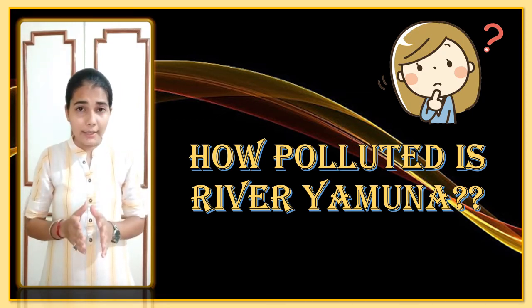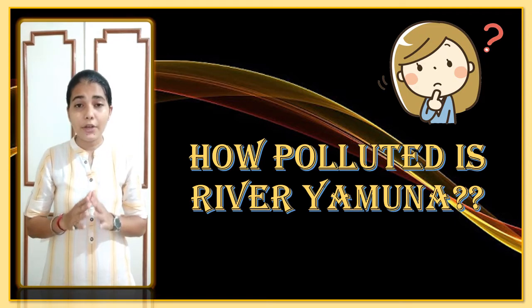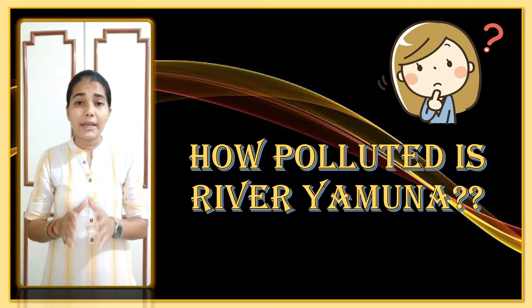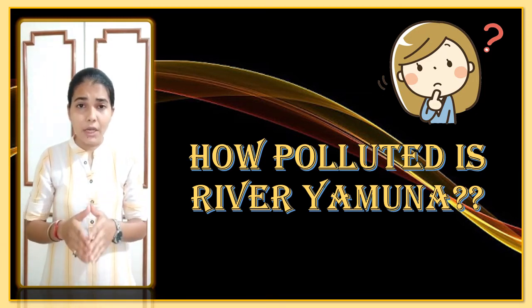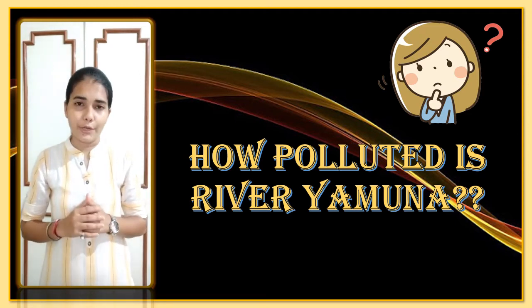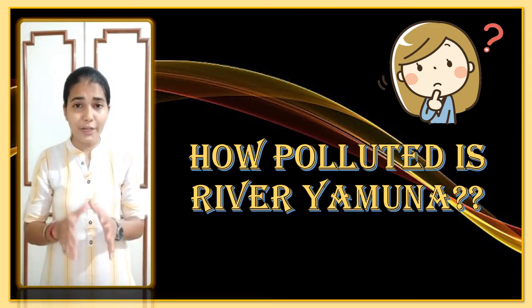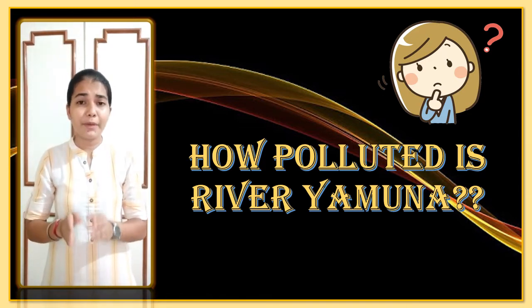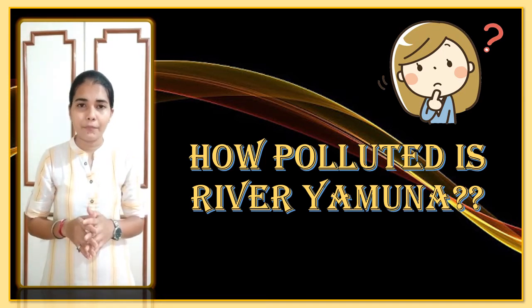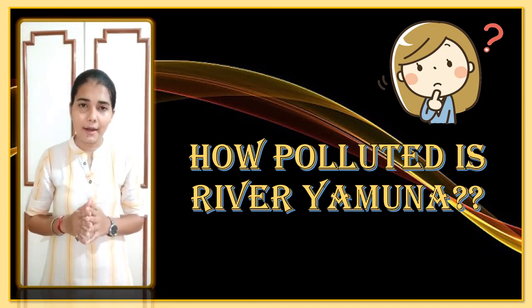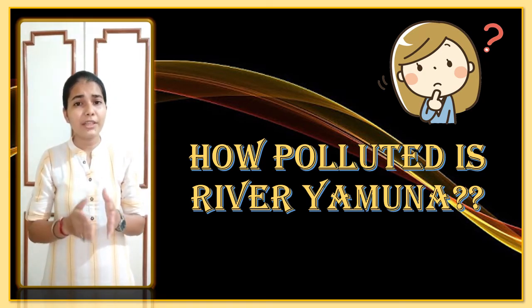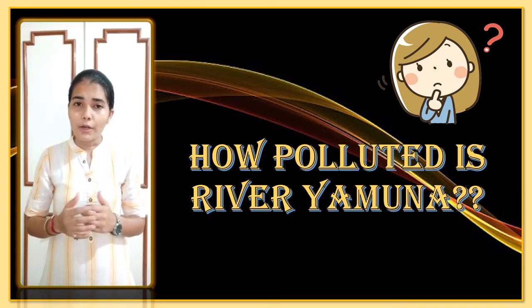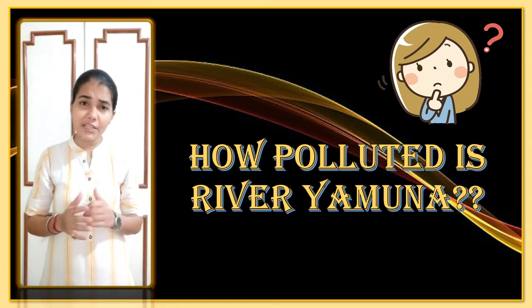It is shocking that it is the most polluted river in our country. 19 drains in the capital flow into the river, contributing 96% of total pollutants. And this polluted water is not treated at all. Just 5% of the sewage being dumped into the river is treated, and it is creating a health hazard. The people who are using this water will get diseases in the long run, and that will be a serious issue.